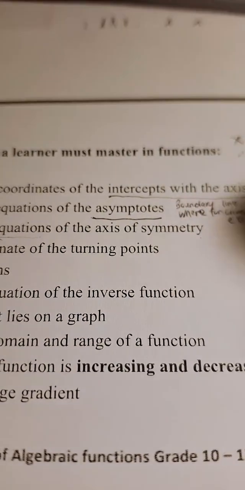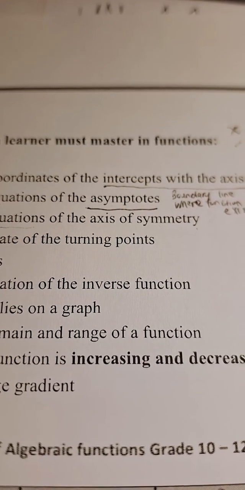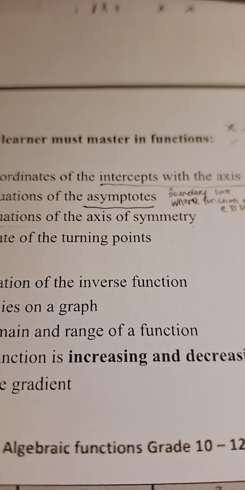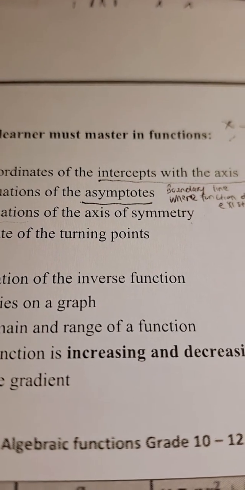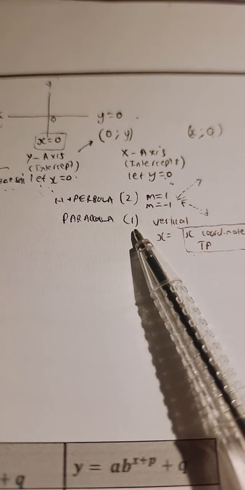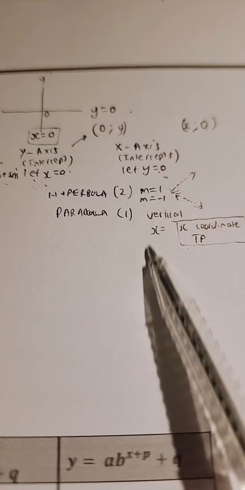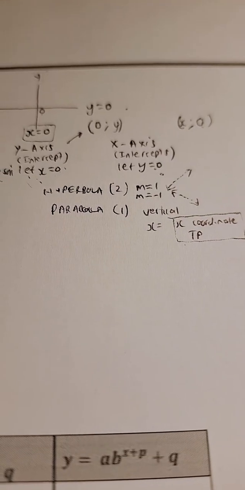And I was saying that an axis of symmetry is simply a line that cuts through your particular function in such a way that it divides it into half, so that one half is a mirror image of the other. That's what the axis of symmetry does.